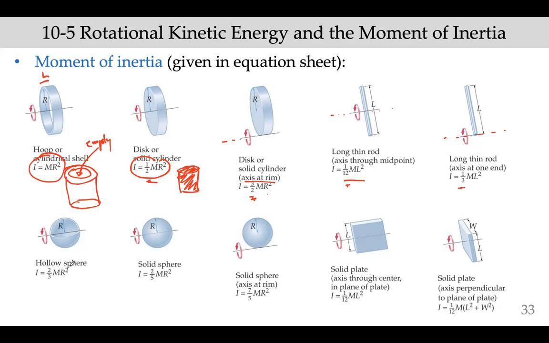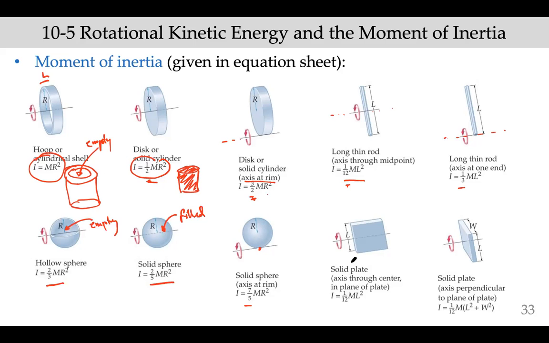Now, if you have a hollow sphere, hollow means this is a shell, inside is empty, then you would use 2/3 mr². If it's solid, solid means inside is filled, then you would use this one. And if you rotate the solid sphere around its rim, then you would use this number.